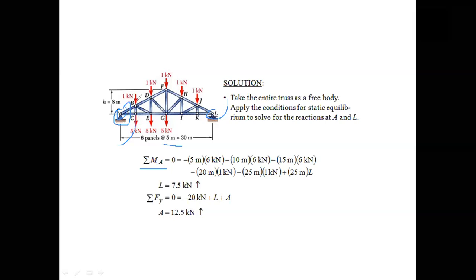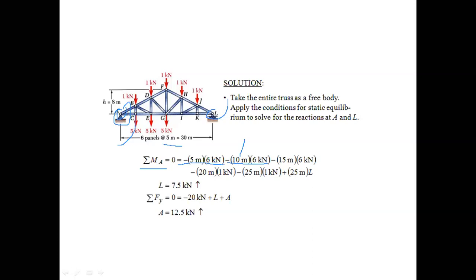So 5 into, 1 plus 5: here there is a load of 1 kilonewton and 5 kilonewton here, so that is 6 kilonewton. So minus 5 into 6 kilonewton. Now here also the distance is 5 plus 5, 10 meter, and the load is 5 kilonewton plus 1 kilonewton, so minus 10 into 6.